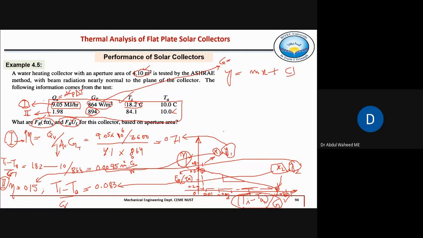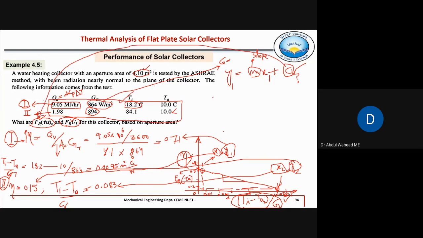In this equation, c represents the intercept and m represents the slope, which in our case is negative. How much was it? Minus 7.6. Now we can find this intercept for any given y and x value. So use x1, y1 or x2, y2. For example, I use x1, y1 here. So y1 is equal to mx1 plus c, and that intercept is to be calculated. And that intercept is actually FR tau alpha.